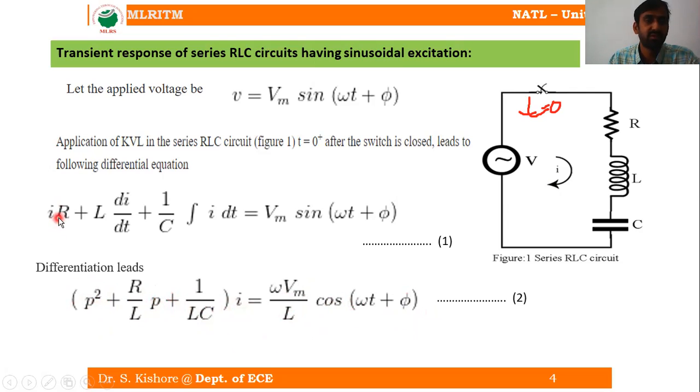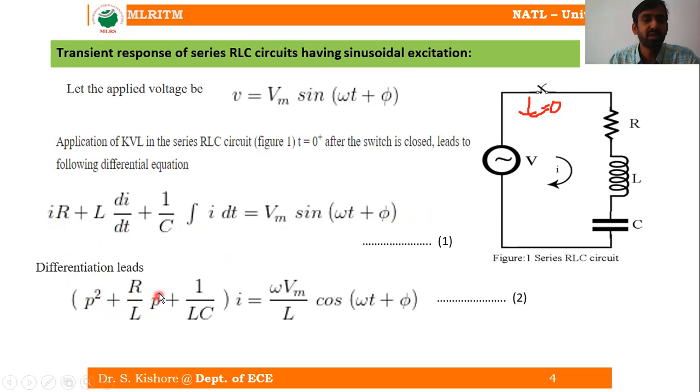Let us differentiate this. What will we get? R di by dt, plus, taking L as common, R by L into di by dt.